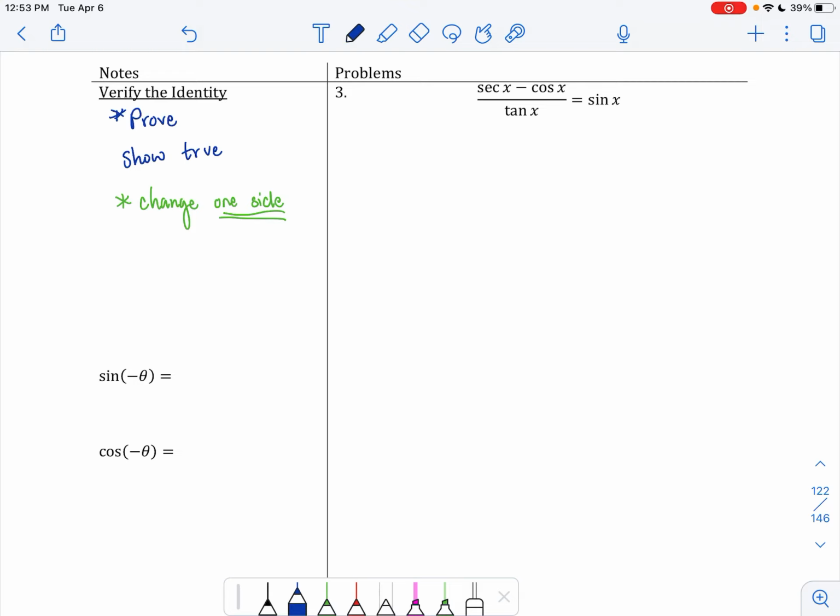So in this case, I'm going to take the left-hand side, minus cosine x over tangent, and my goal is to make this equal to sine of x by simplifying.